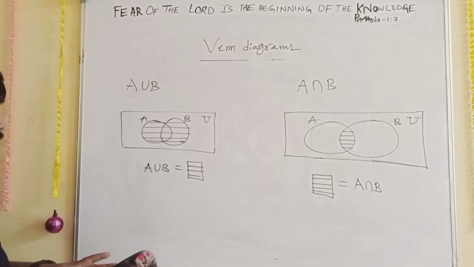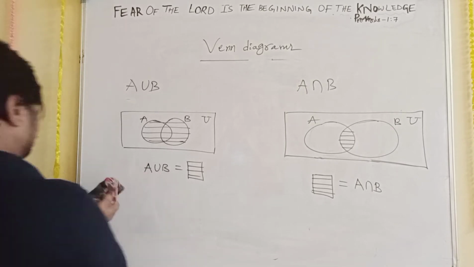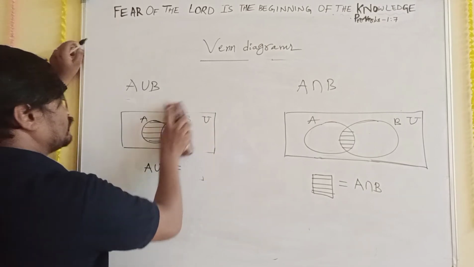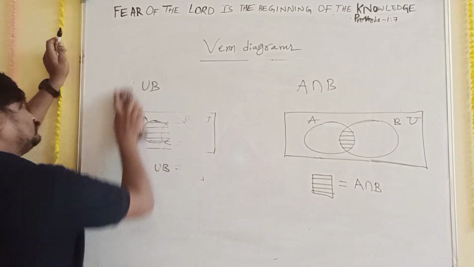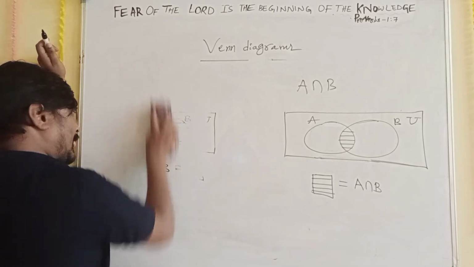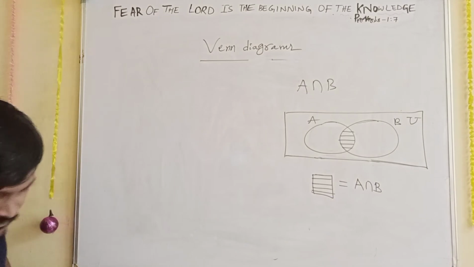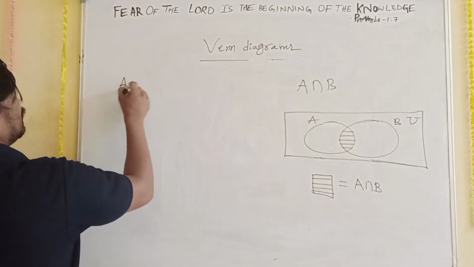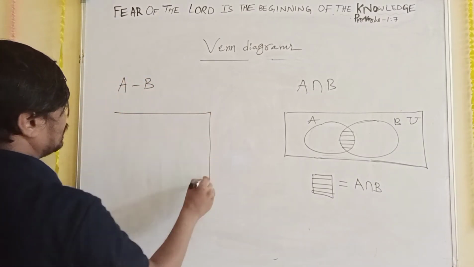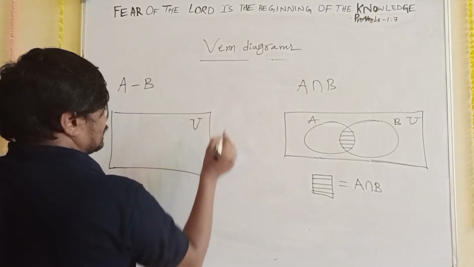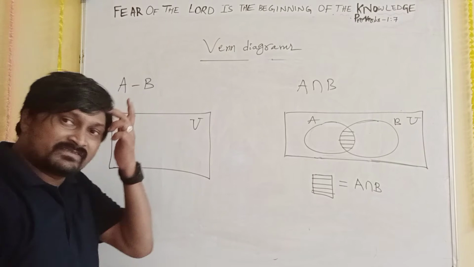Okay, so first we'll find what is A minus B. Without elements we are discussing diagrams now; next we will discuss with the elements.